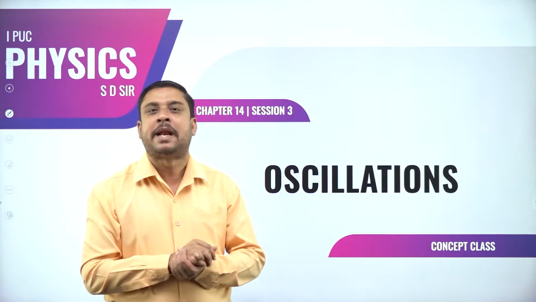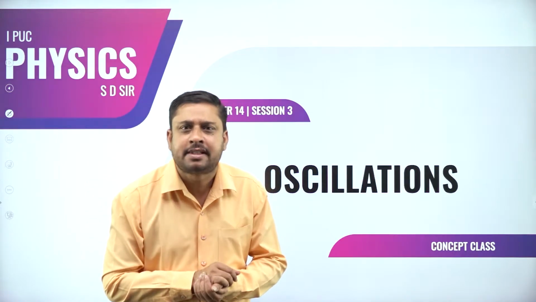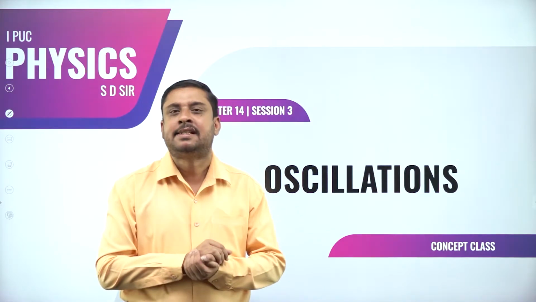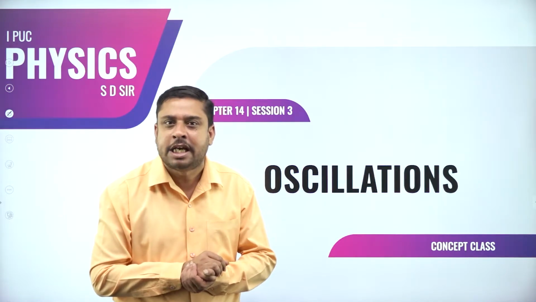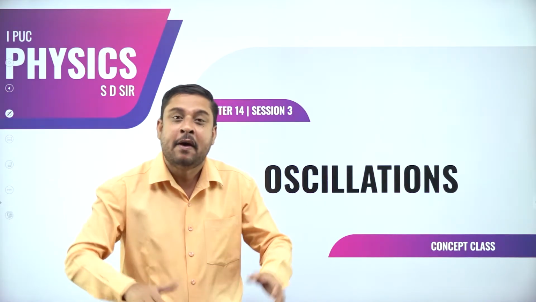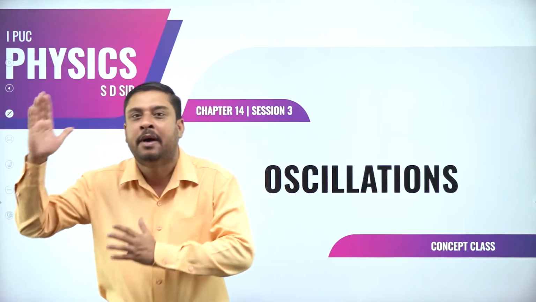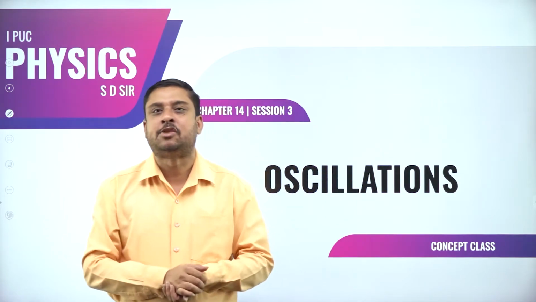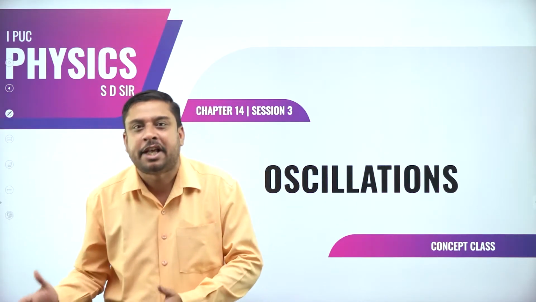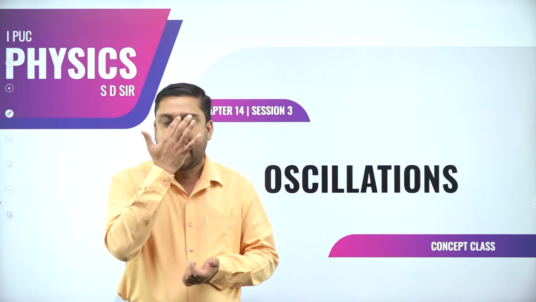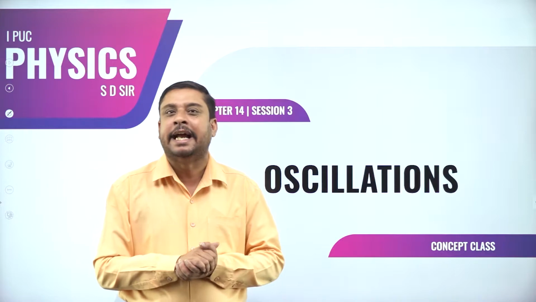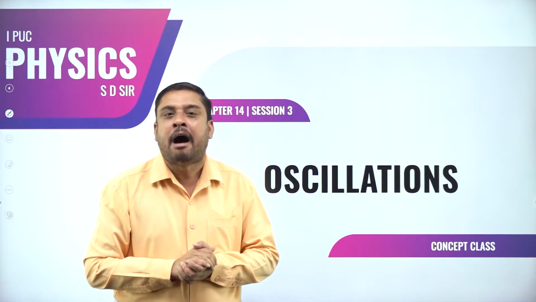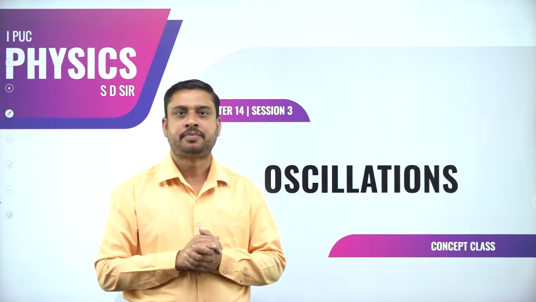We derived an expression for the velocity of a particle executing simple harmonic motion and acceleration, where velocity is maximum, where velocity is minimum, where acceleration is maximum, where acceleration is minimum. And we also studied the consequences of the simple harmonic motion.